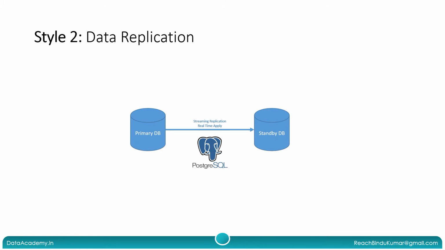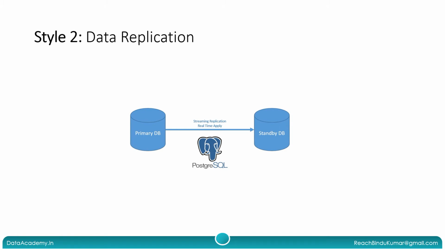Now I used the word eventually applied. What does that mean? Eventually applied means it is not a synchronous transaction. Anytime a change is made to the primary database, it may be committed to the standby database within a few seconds.